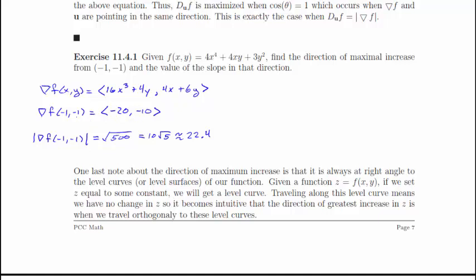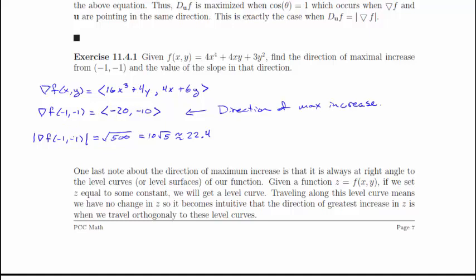So this is the direction of max increase. This is the direction that we are going to be going uphill the most steeply if we're sitting on the point -1, -1 and trying to move away from that point.